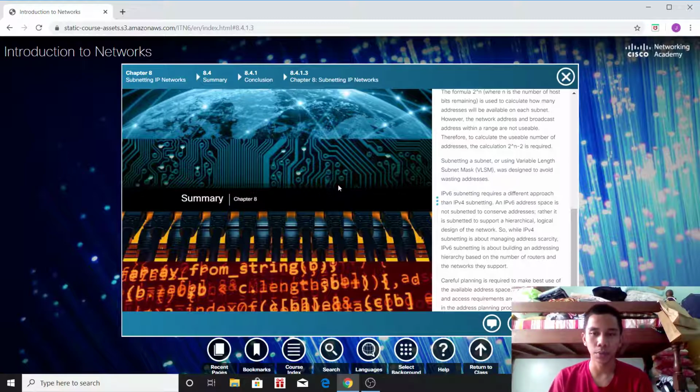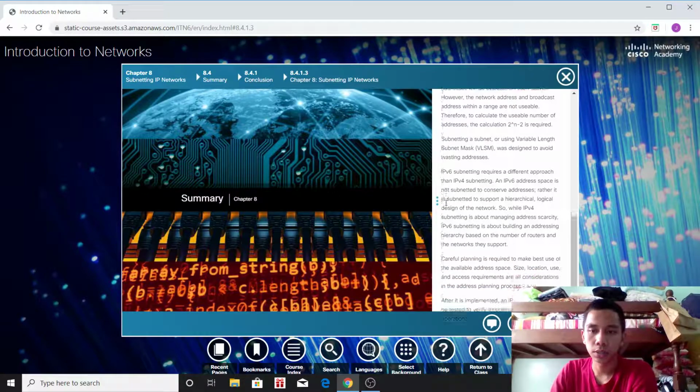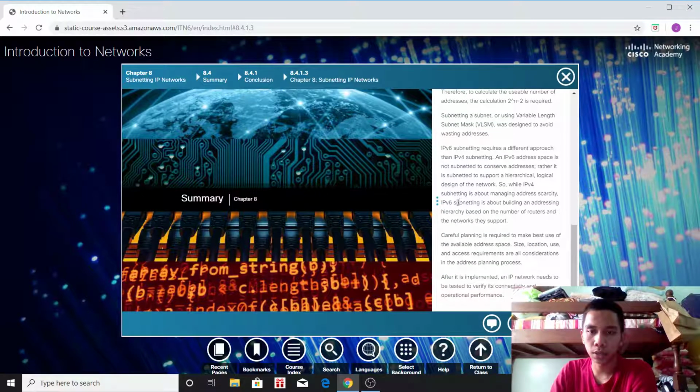So while IPv4 subnetting is about managing address scarcity, IPv6 subnetting is about building an addressing hierarchy based on the number of routers and networks they support.